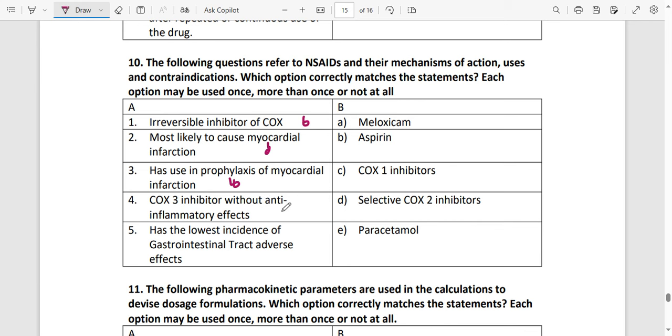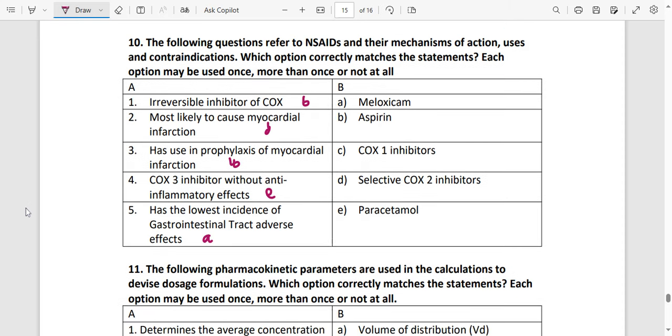COX-3 inhibitor without anti-inflammatory effect. Which one? Paracetamol, yes. Has the lowest incidence of GIT adverse effects. So meloxicam is a very good one. It doesn't have GI side effects.